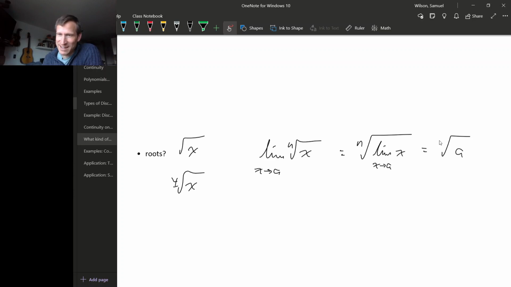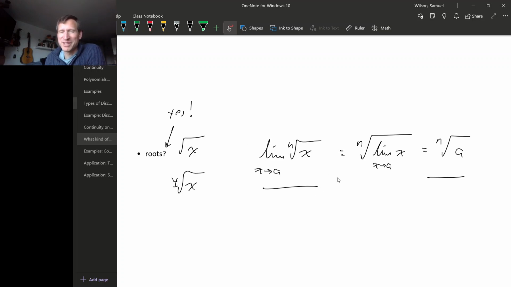Inside the root, it's just a. So as long as both sides here are defined, then this root function is continuous. So another way to say that is that root functions are continuous on their whole domain, so they're continuous.